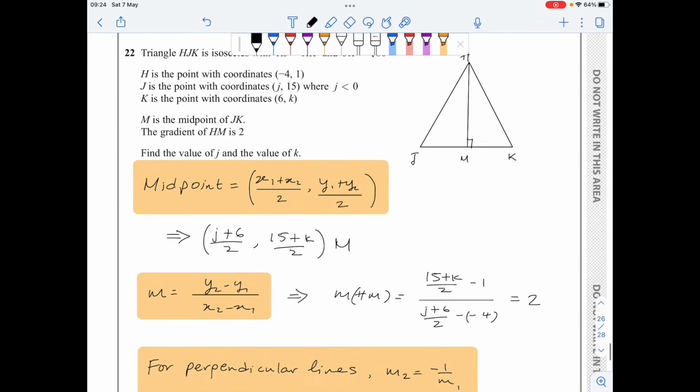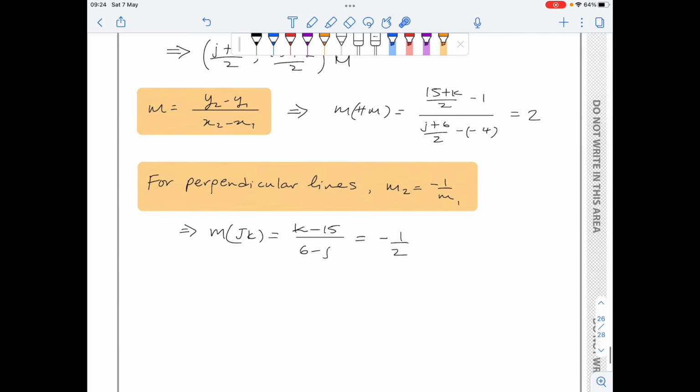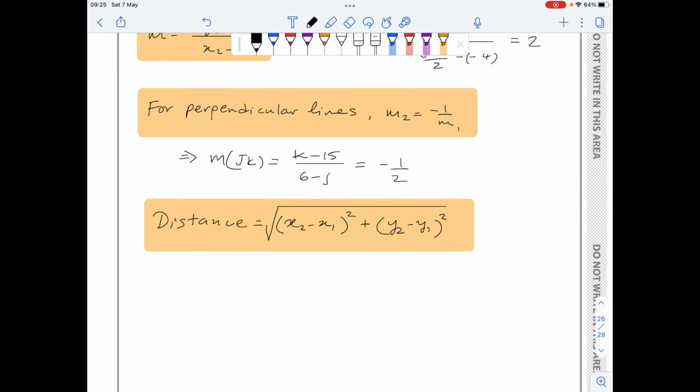And finally, I will use the fact that JK is square root of 80. The distance between 2 points is given by the following formula. Hence, JK is equal to the square root of (6 minus j) squared plus (k minus 15) squared, and this must be equal to square root of 80.